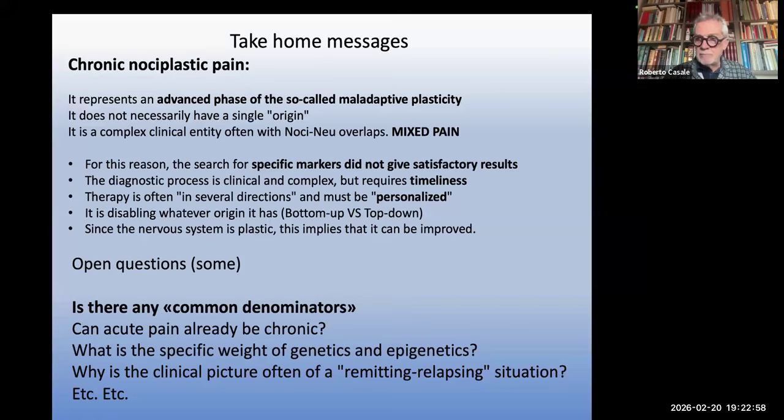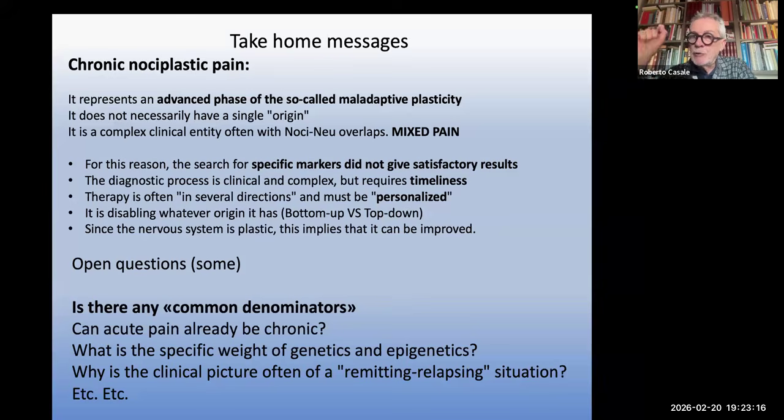So, just to take home some messages. Chronic nociplastic pain represents an advanced phase of the so-called maladaptive plasticity.